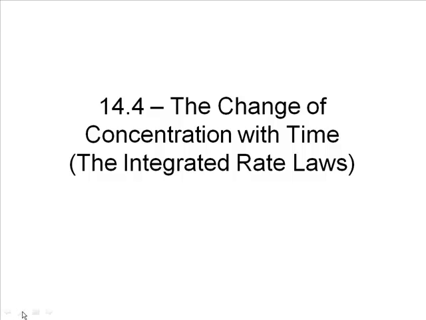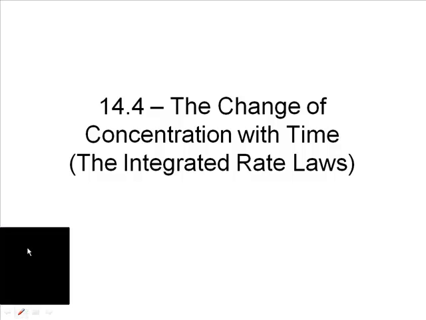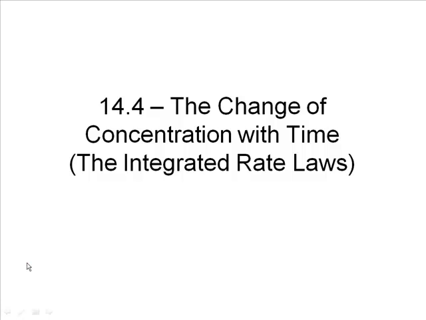Okay, this is the third section from chapter 14, dealing with kinetics. As we've learned up until now, in our first section, when you know the rate of one reactant or product, its disappearance or appearance, you can use the coefficients from the balanced equation.